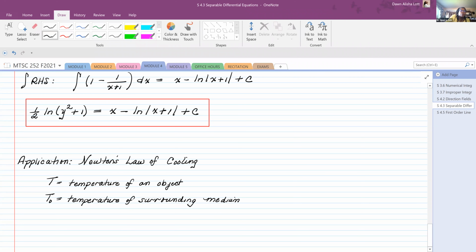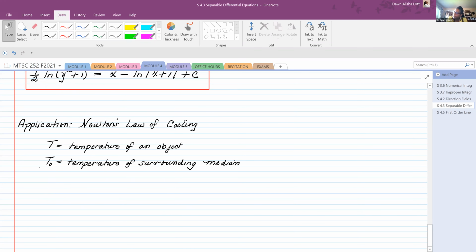Okay, so Newton's law of cooling says that the rate of change of temperature of an object, so this is the rate of change of a temperature, is proportional to the difference between the temperature of the object and its surrounding medium.